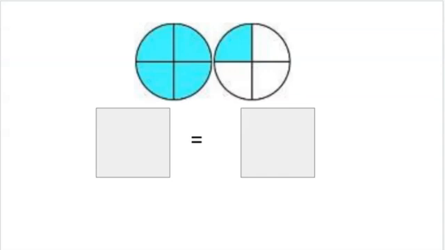So in order to figure out my denominator, I have to look at the type of pieces I have. And I can see that each of these wholes are cut into 1, 2, 3, 4, 1, 2, 3, 4. My denominator is 4 and not 8. That's really important to understand.